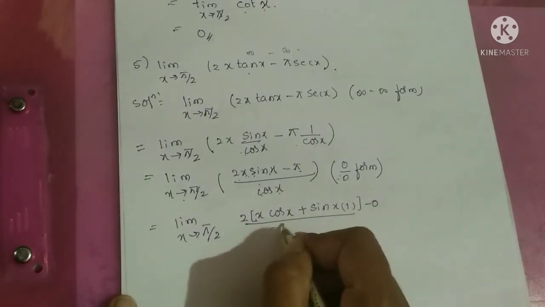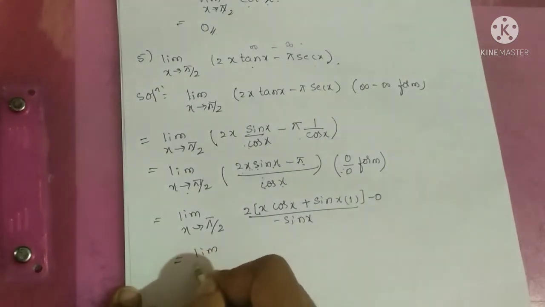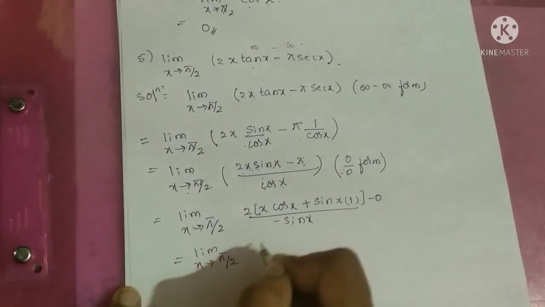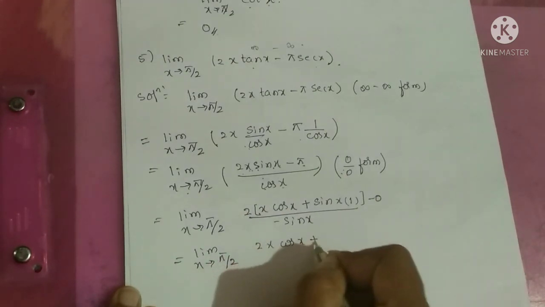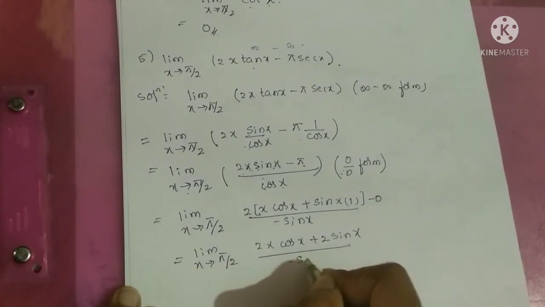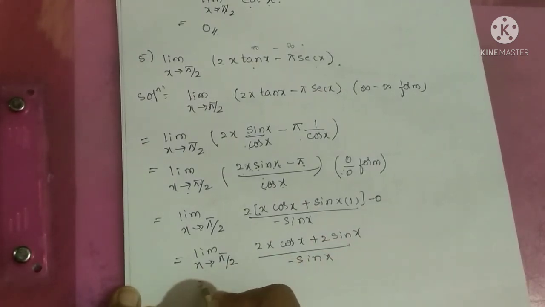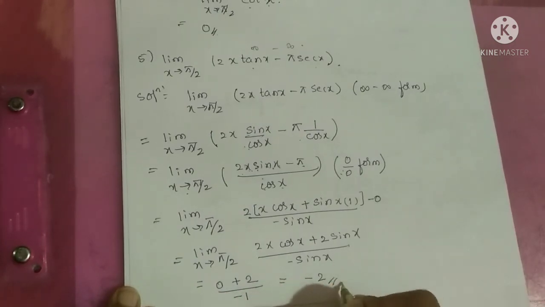Cos x differentiation is minus sin x. So limit x tends to pi by 2 as it is. What happens here? 2x cos x plus 2 sin x divided by minus sin x. When you apply the limit pi by 2, you will get the first term as 0 plus the second term, which is 2 divided by minus 1. So the answer will be minus 2. Hence the proof.